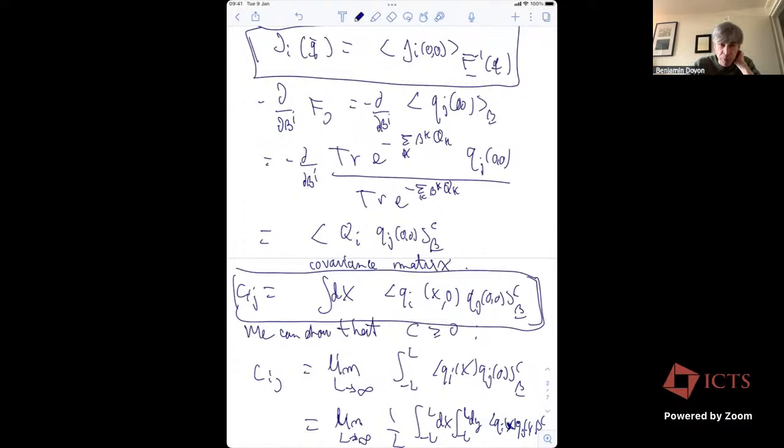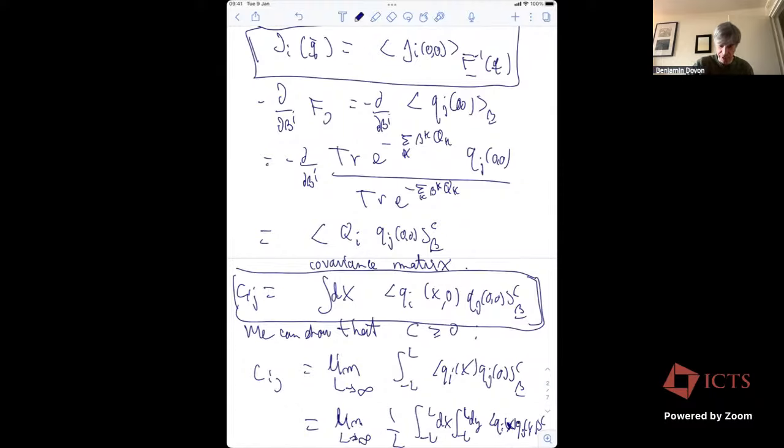And the Bogolyubov product is symmetric. Symmetry of the Bogolyubov product is a consequence of something called the Kubo-Martin-Schwinger relation for quantum systems. So the whole calculation of symmetry of C still works. It's just technically more complicated because of non-commutation. But everything can still be done if the q's don't commute with each other.